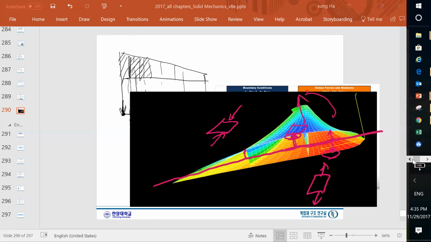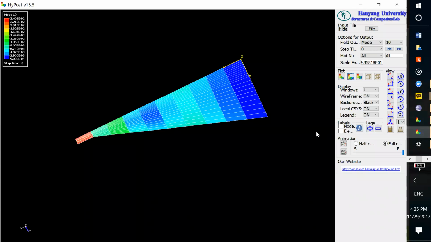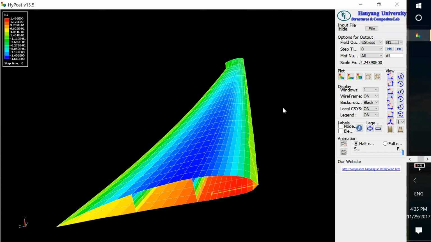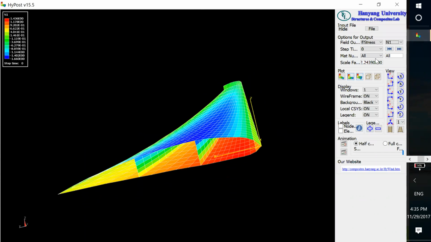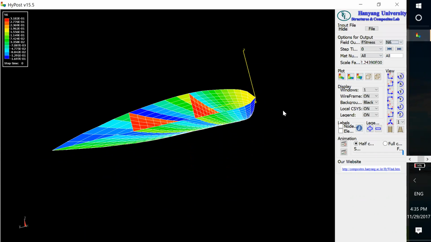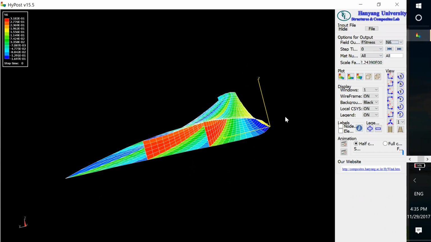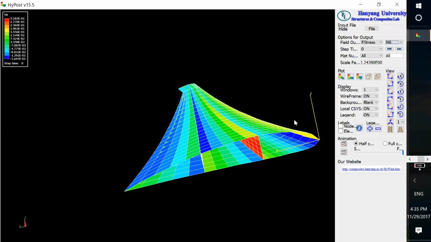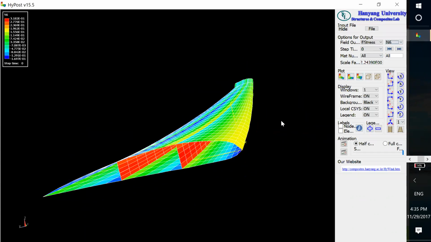And another observation you have to pay attention to is shear flow. What is shear flow?